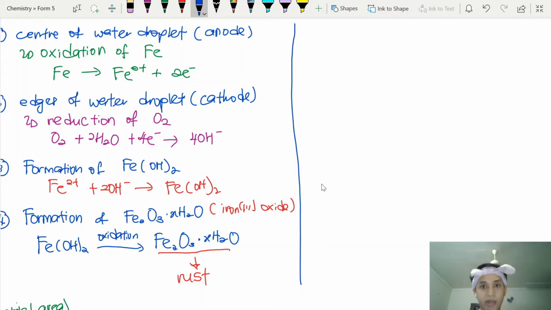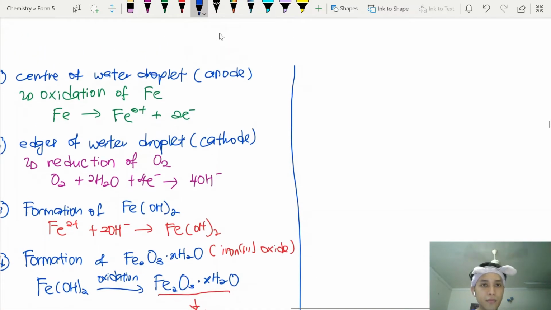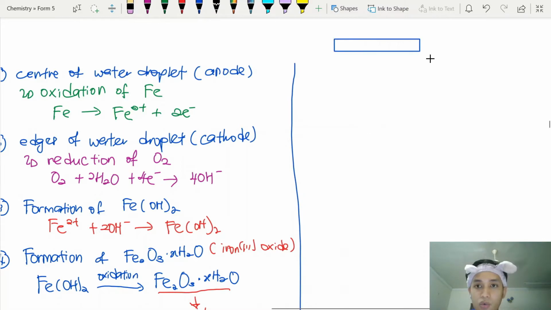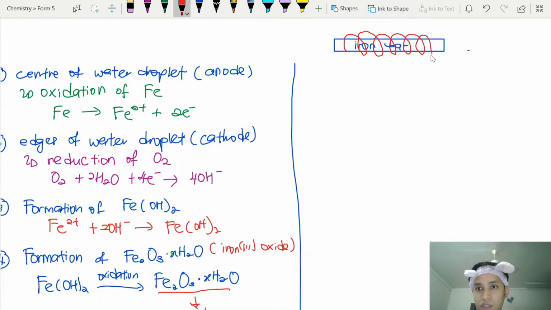So let me just draw. The difference will be only in the anode part. Let's say this is the iron bar, my iron bar. Just imagine that I'm a super talented artist, which I'm not.